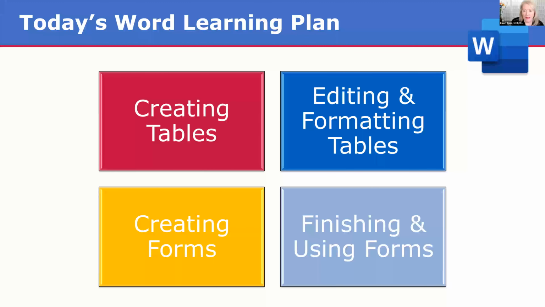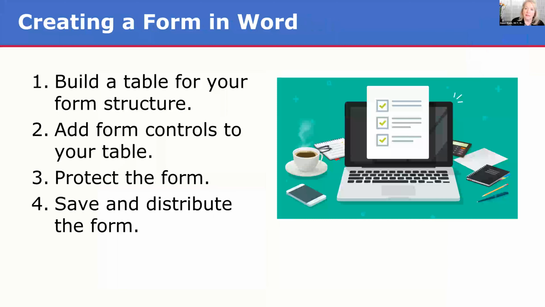We'll look at creating forms and also how we can finish them and use them and have them available for distribution. Now, when we get to the form section, I want you to keep in mind a couple things. One of the things is that we will build a table for the form structure. By having a table, this allows us to really lay out where we want to position content, whether or not it's a form.